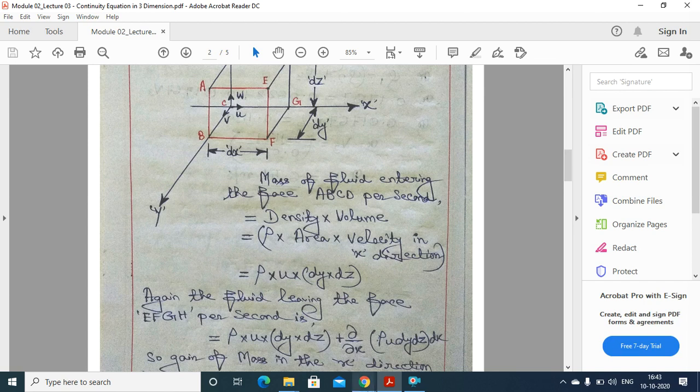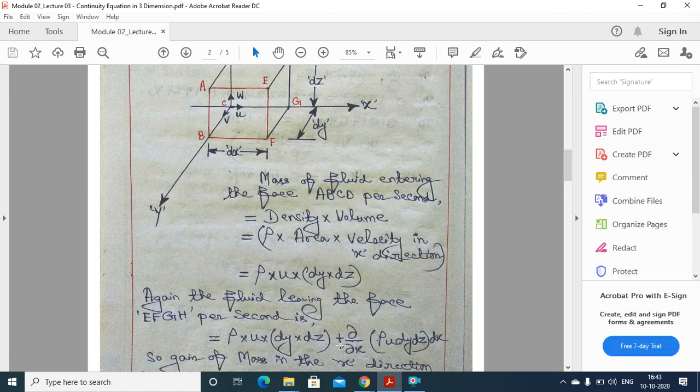Actually, what happened in this case? The amount of fluid which is entering here is rho into u into dy into dz.